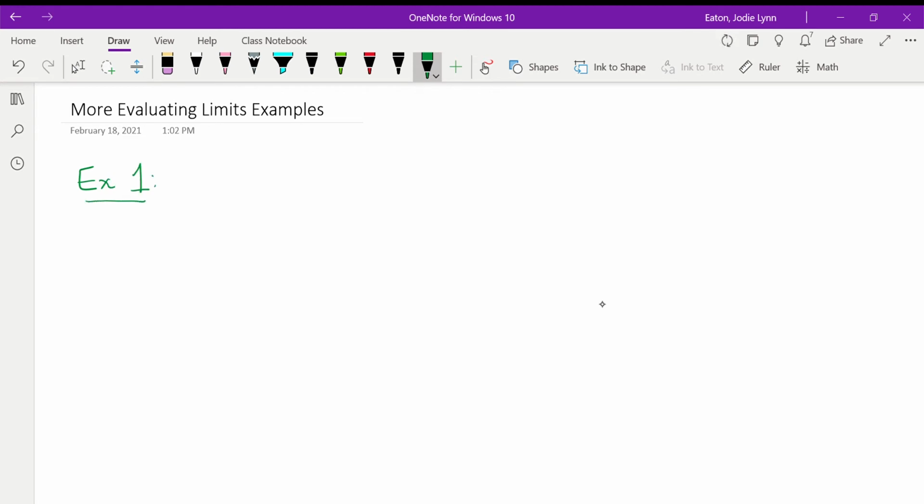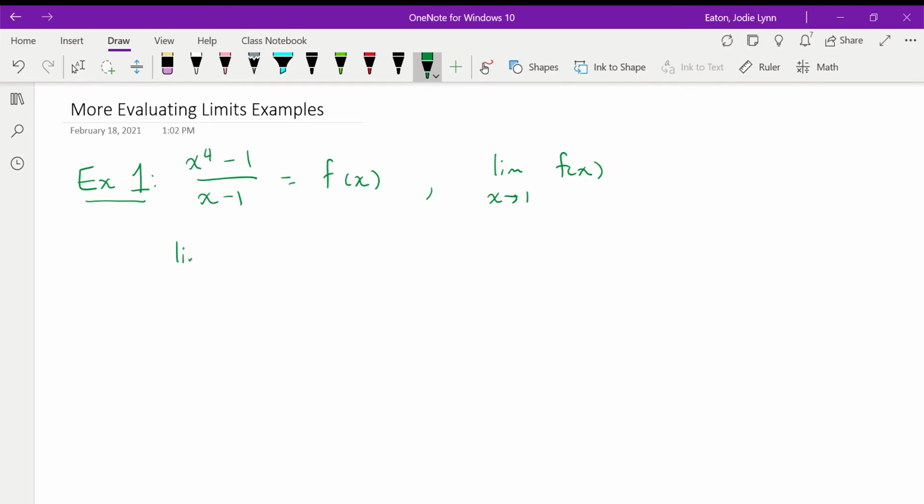So, first example, if we have x to the fourth minus 1 over x minus 1 as our f of x, and we want to take the limit as x approaches 1 of f of x.